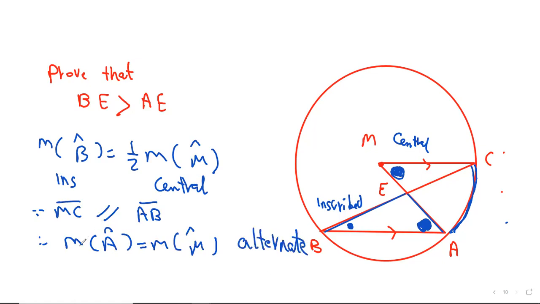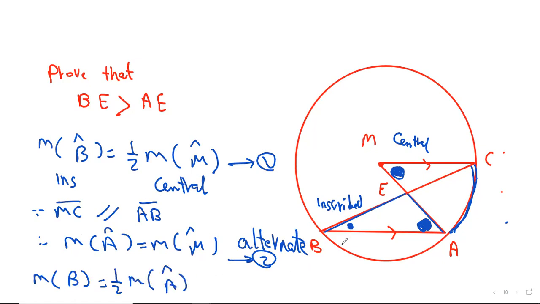Then if we are comparing angle B and A, that is 1 and that's 2. From 1 and 2, measure of angle B equals half measure of angle A. What I want to say is that measure of angle A simply is greater than measure of angle B.